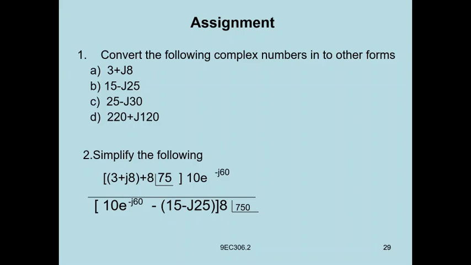Simplify the following. Here, a rectangular form, that is 3 plus j8, plus a polar form 8 at an angle of 75, into 10 e to the power of minus j60, divided by 10 e to the power of minus j60 minus 15 minus j25, into 8 at an angle of 75 degrees.